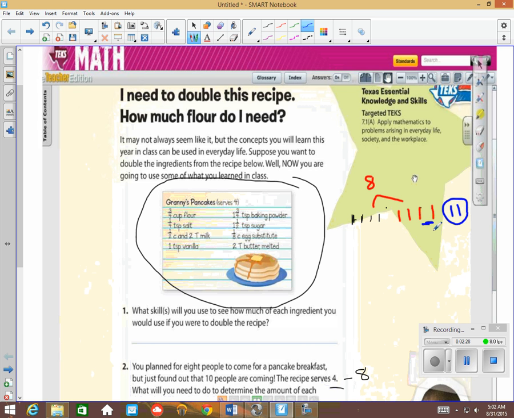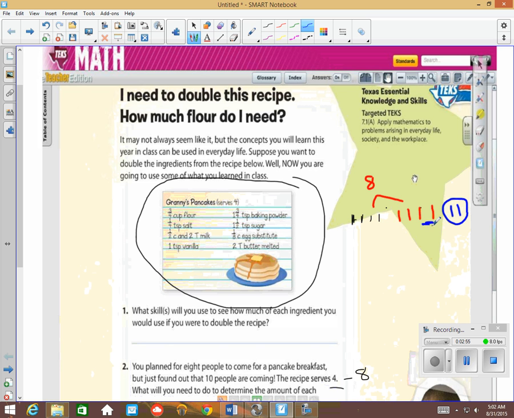Okay, so how much extra ingredients are going to use? So what are you going to do to the recipe? You're going to multiply each ingredient by what? Okay, so originally if you're just going to double it, you would multiply it by what? You're right, 2. But now you're going to have to add 2 more people, okay?